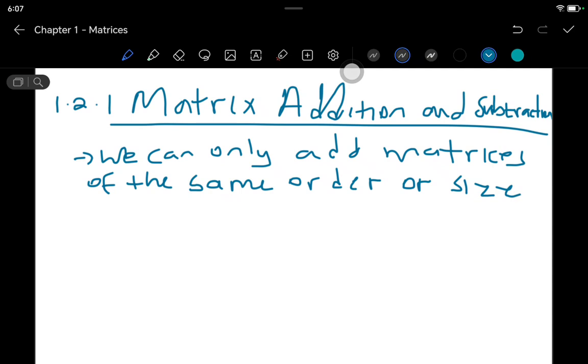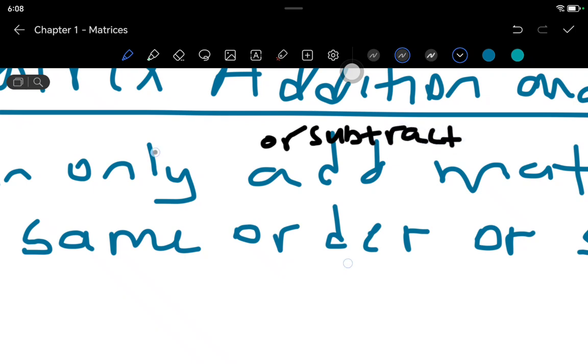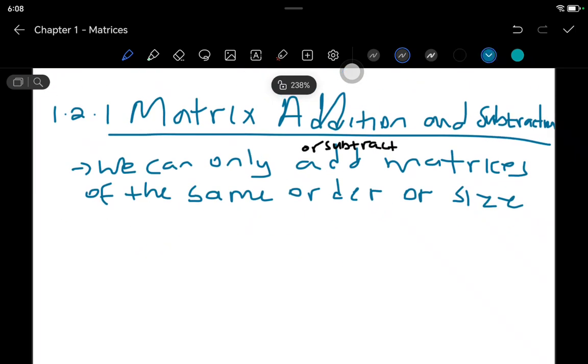So we can only add or subtract matrices of the same order or same size.